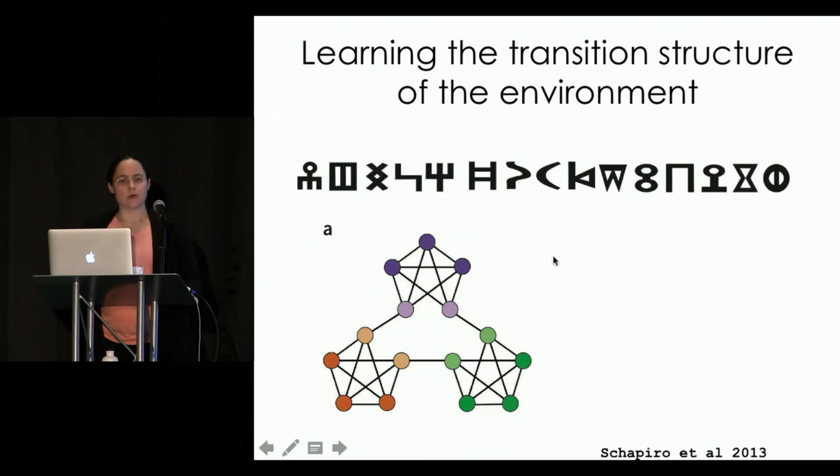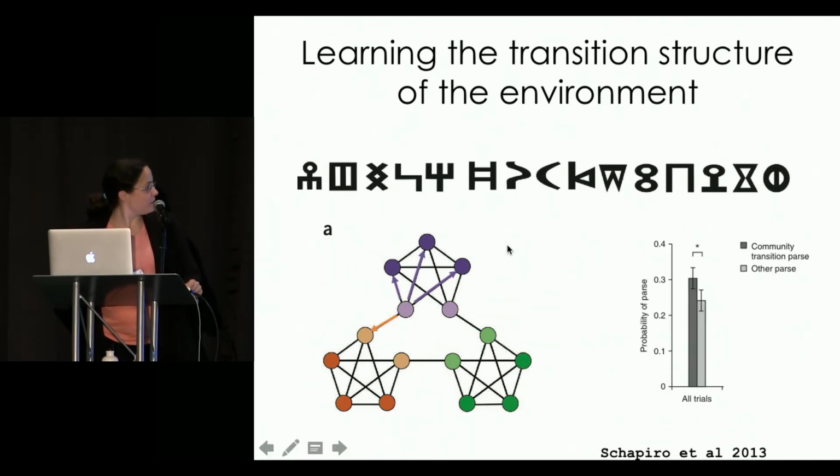Okay, and so the question was, if people are exposed to these statistics of the environment, are they going to figure out what those bottlenecks are and potentially set them as goals for options? So that's what they found. After participants had learned this, they were shown again in a test phase new sequences and asked to parse the sequence where they thought that made sense.